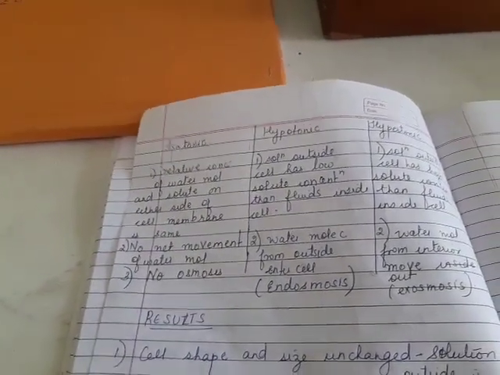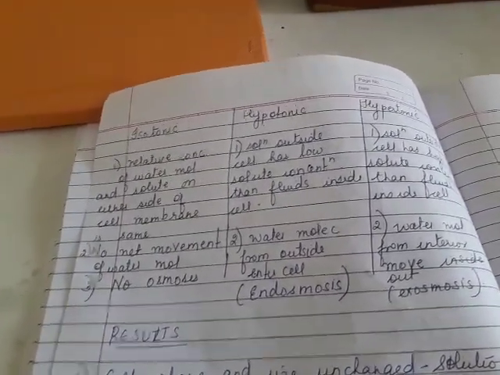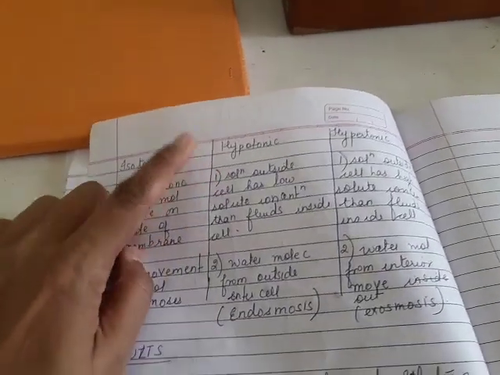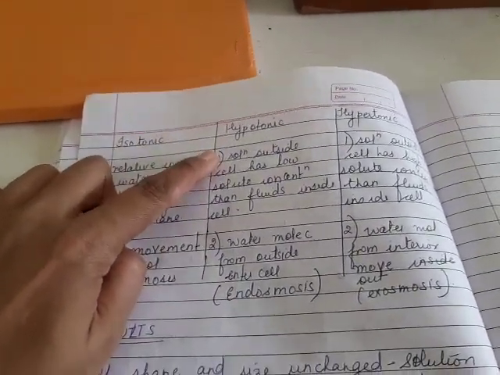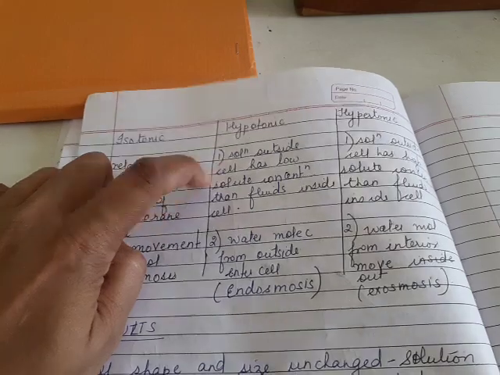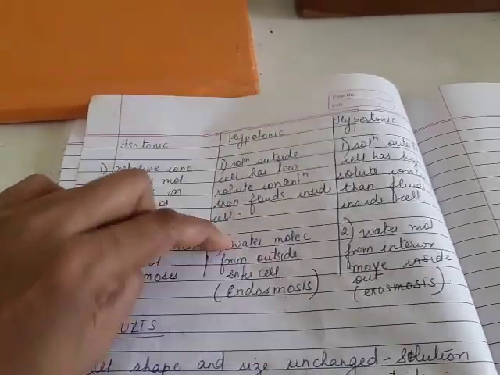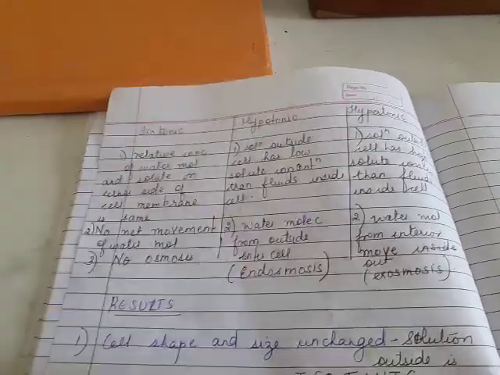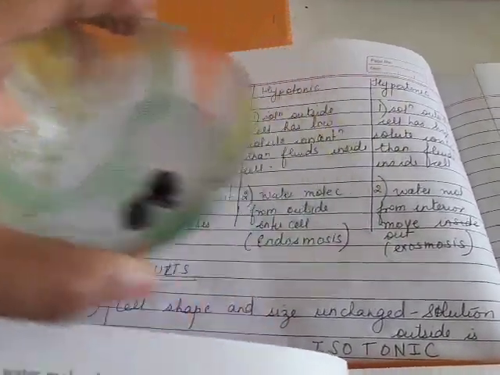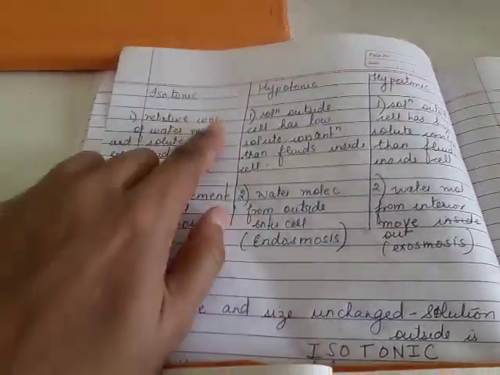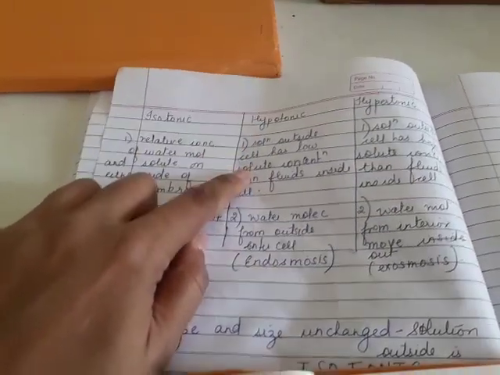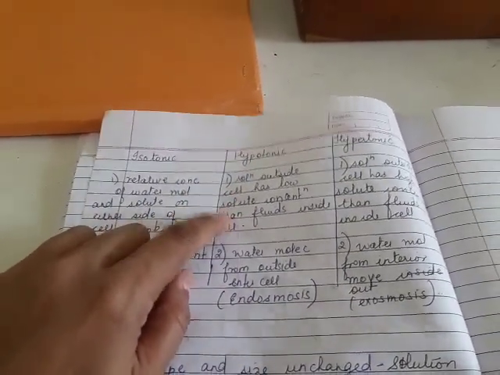Then hypotonic solution means what? In this condition the solution outside the cell has a lower concentration than the fluids inside the cell. So water molecules from outside will enter the cell, as we had endoosmosis, again the reason is endoosmosis. The solution outside the cell is low concentrated, low solute concentration.